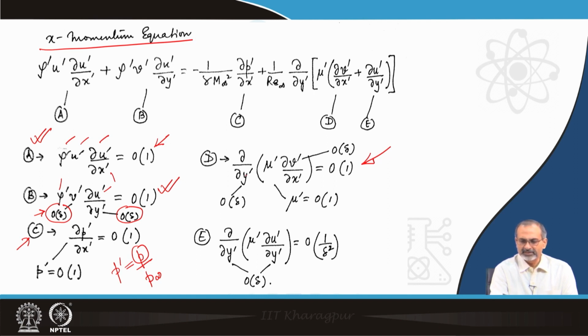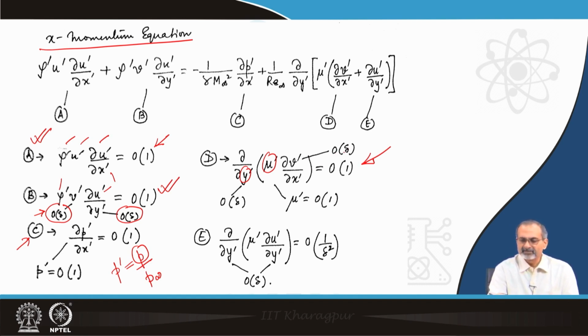Going to the term d, you have an order delta term here. You have an order 1 term here where we are talking about the viscosity coefficient, which is of the same order as mu infinity. A little change here and there based on temperature variation and so on when you have a very intense viscous dissipation, but it is still of order 1.